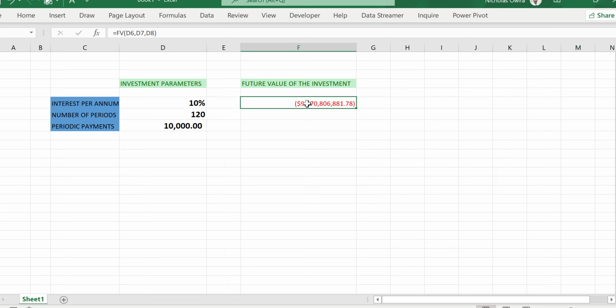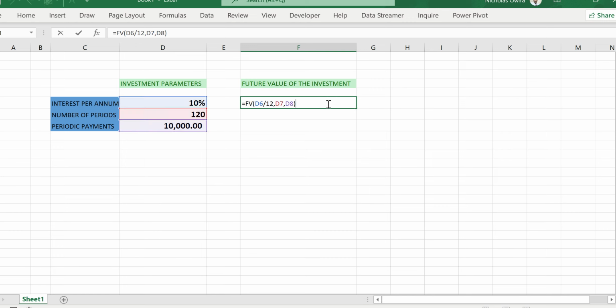The first reason why the value is so large and unrealistic is because we have not divided the 10% annual interest rate by 12 to get the monthly interest rate. So we come to where we have the interest and divide that value by 12. Now we have a value that is not unrealistic, but it is still negative.